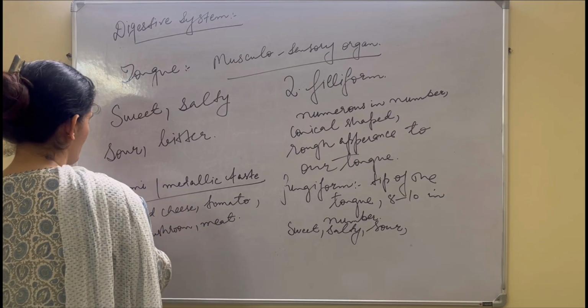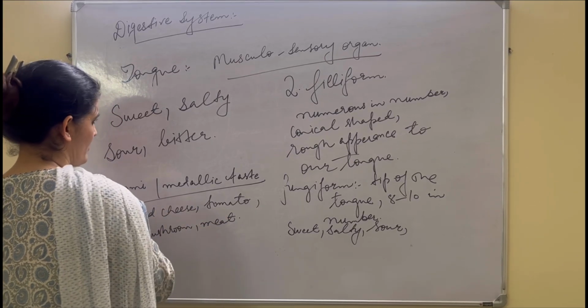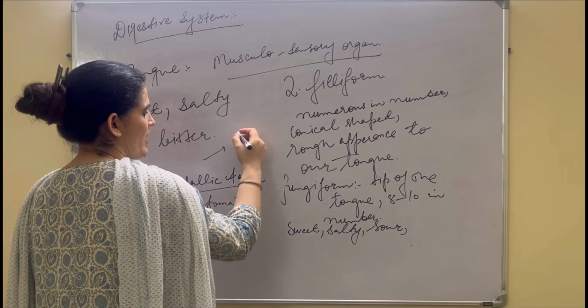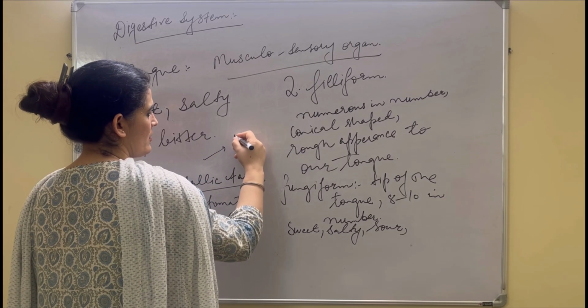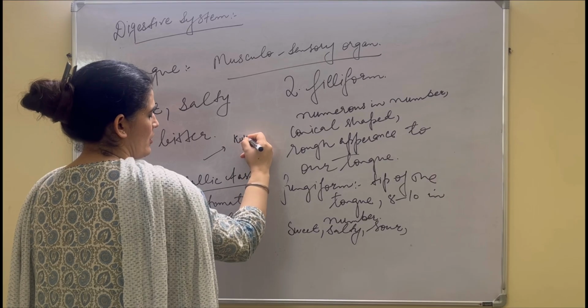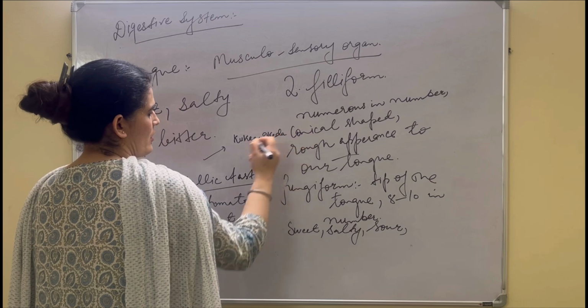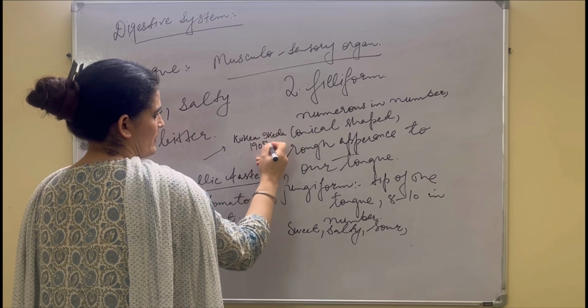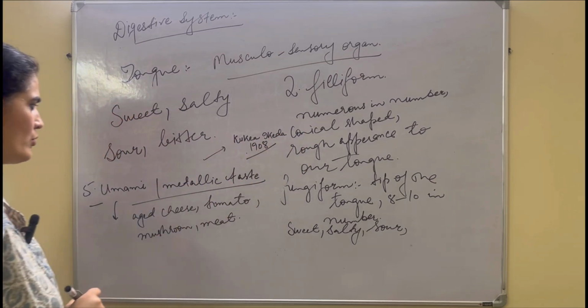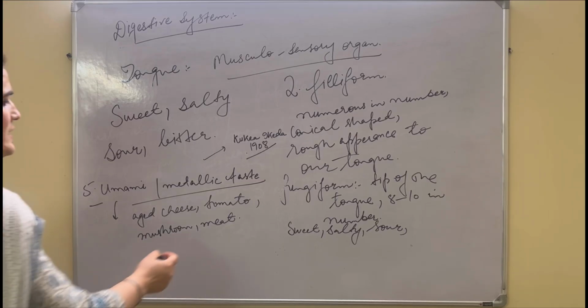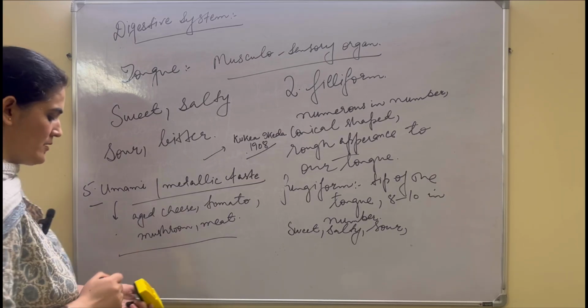This umami, the fifth sense of taste, was discovered by a Japanese scientist, Kikunae Ikeda, in 1908. So it's found in these items, the fifth taste.